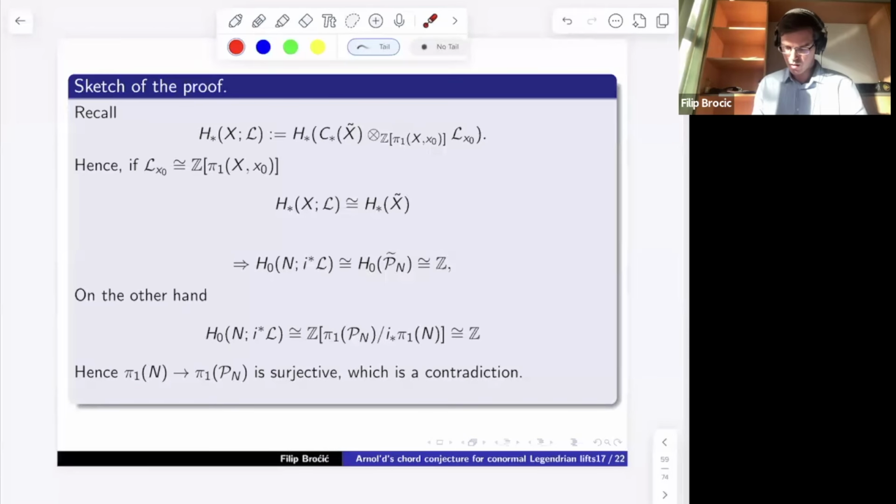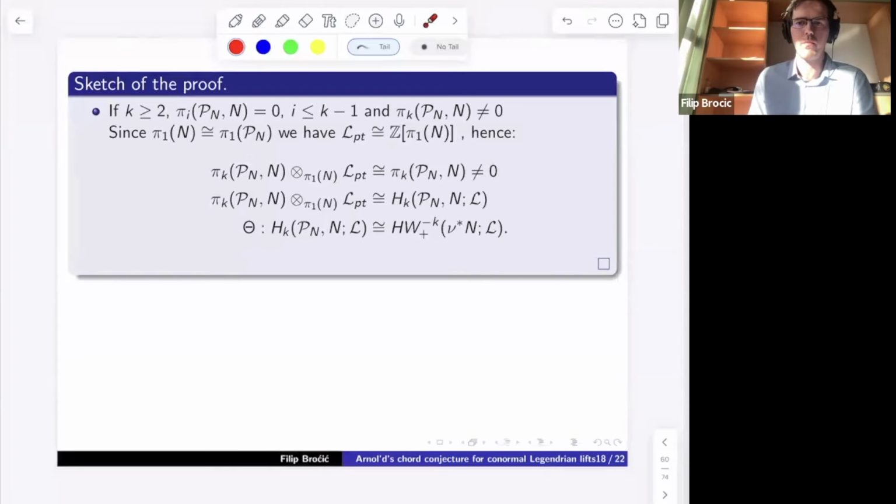And we are left with one additional case where now k is bigger or equal than 2, and now we want to apply the Hurewicz theorem with local systems. So we know that all relative π_i are vanishing for i smaller or equal than k minus 1, and at π_k, for k bigger or equal than 2, relative π_k is non-zero.